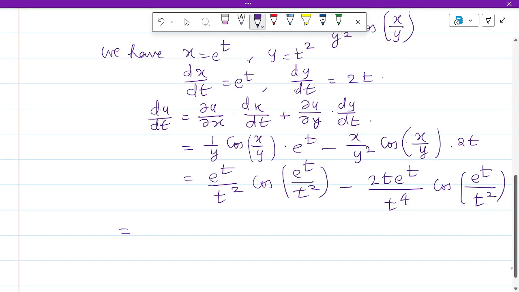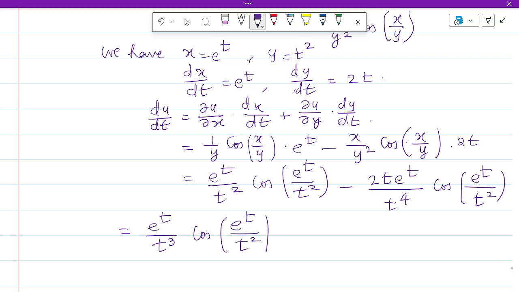So that is equal to e power t by taking common t cube cos of e power t by t square common.